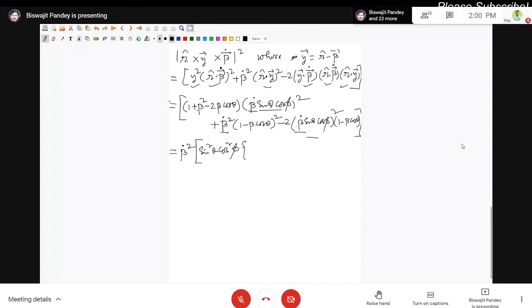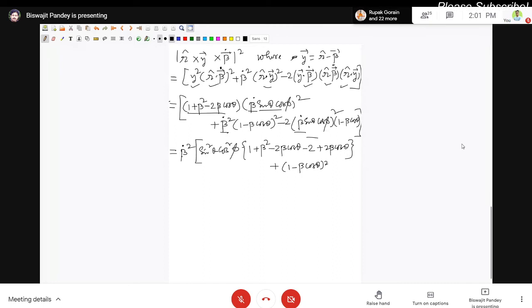So that gives us 1 plus beta square minus twice beta cos theta, and then I have taken this common, so minus 2 minus beta cos theta plus twice beta cos theta, and then what is left, this one, plus 1 minus beta cos theta whole square.